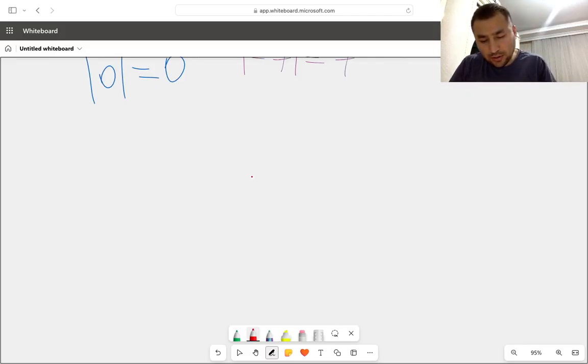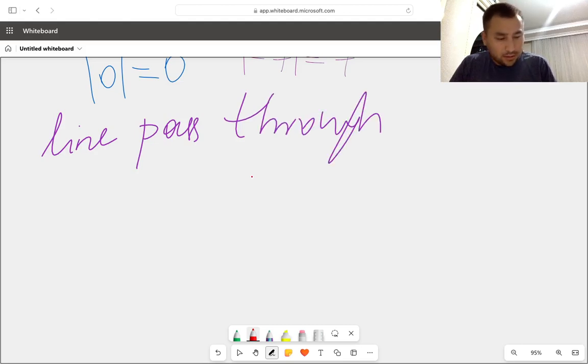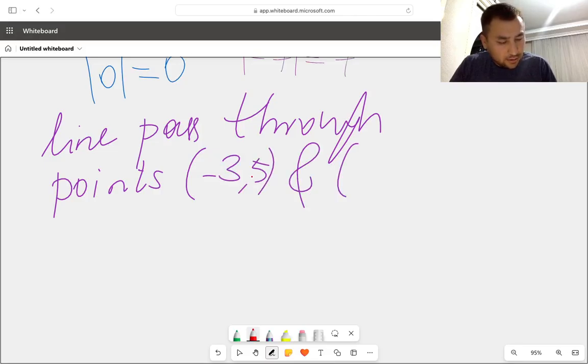So points are given: a line passes through these points, -3 and 5, and 2 and -4. It asks for the slope. What is the slope of this line? How can you solve it?